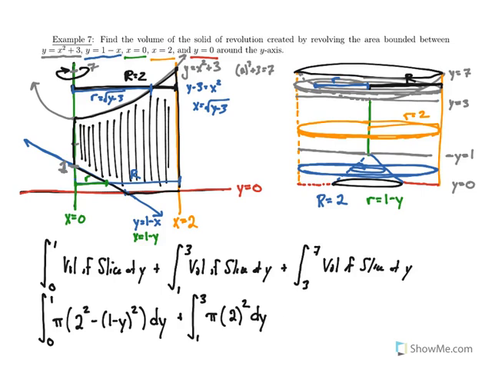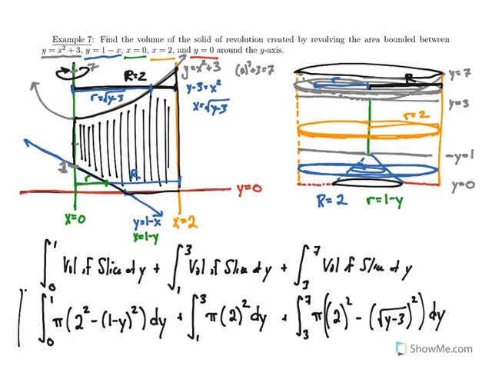This would give us that this integral would be the integral from 3 to 7 of pi times big R squared, 2 squared, minus little r, which is square root of y minus 3, squared dy. All of those are doable integrals. We could do them each separately, have to evaluate the bounds separately. We would get the volume total.